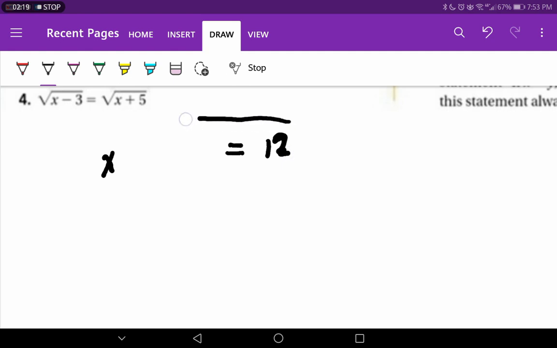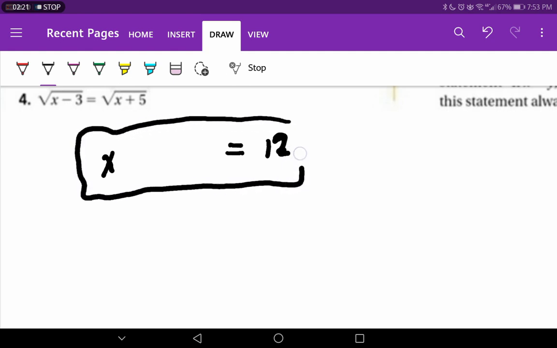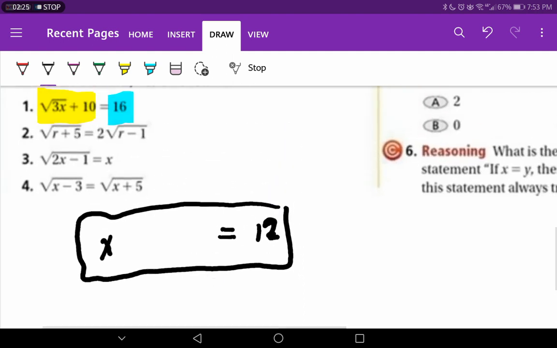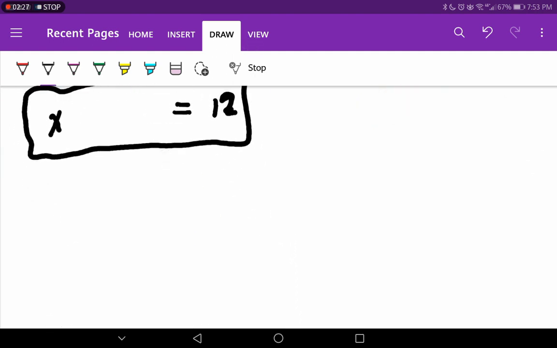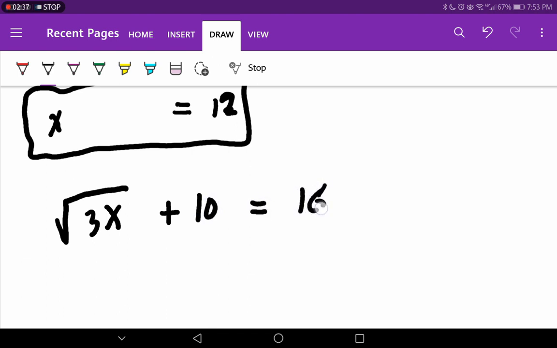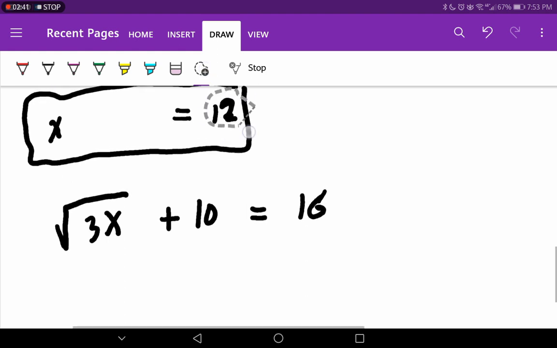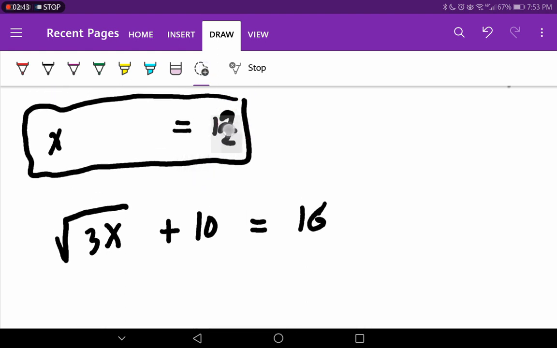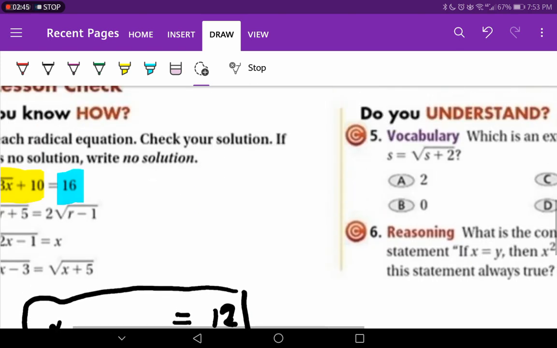Good. And what does that mean, my dear student? That means if you put the 12, let me rewrite it here. This is the equation that we solved.